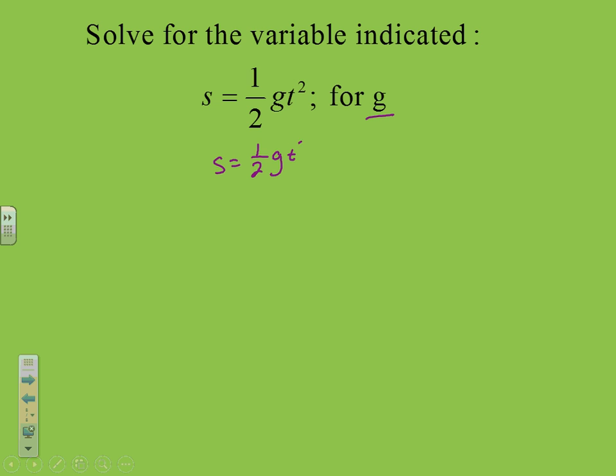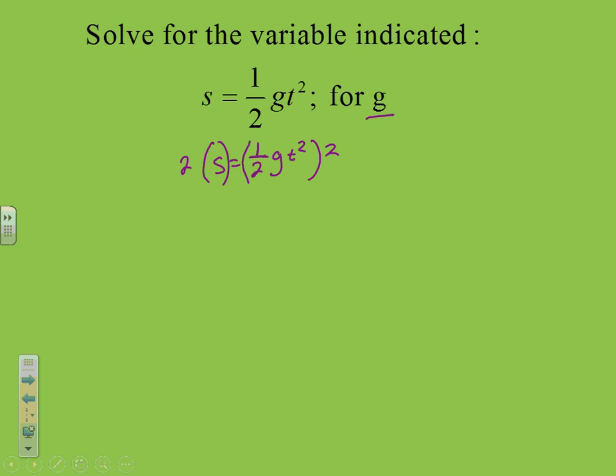g times t squared. And so you can see, again, this is where in the problems before, when we had a literal equation, I would explain to you, we'll just get rid of the fraction by multiplying both sides by the reciprocal, multiply everything by 2. So let's do it like that. Multiply everything by 2.